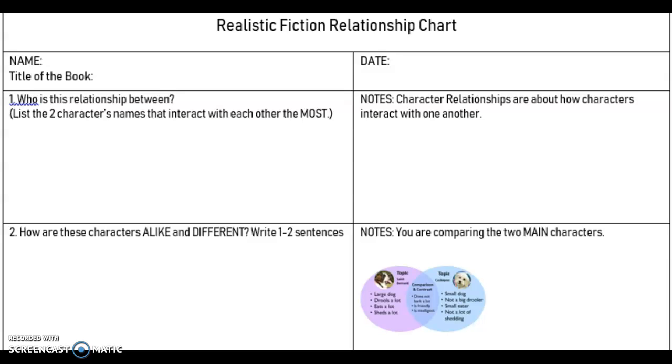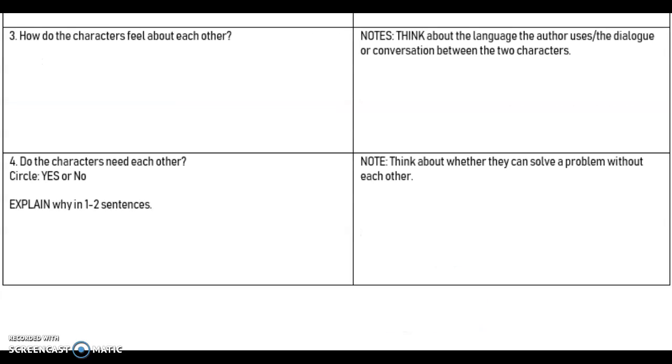You're going to be thinking about, is their relationship positive or negative, okay? And as I said before, based on their emotions and traits, meaning their feelings and behavior, you're going to determine how they feel about each other. You're going to determine whether these characters even need each other. Like in the movie I was just sharing with you about E.T., Elliot and E.T. ended up needing each other, right?